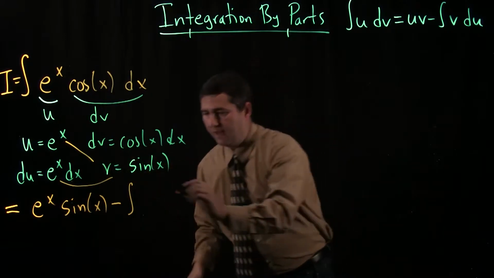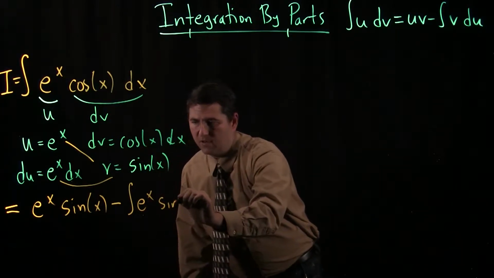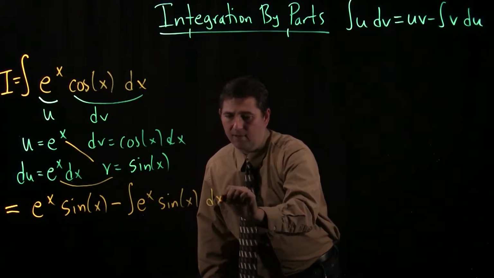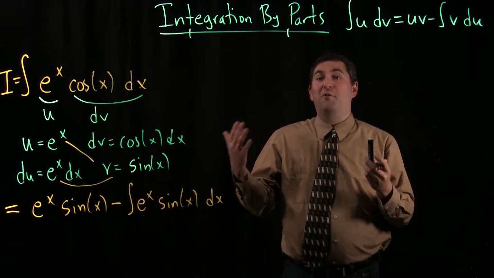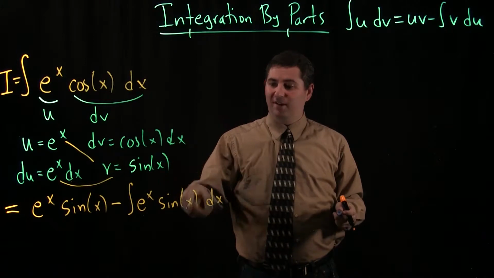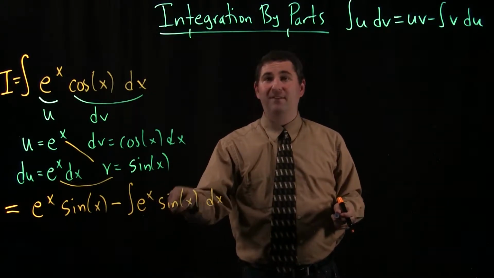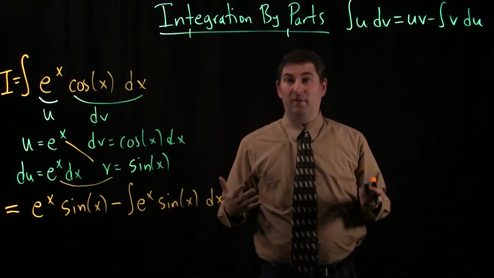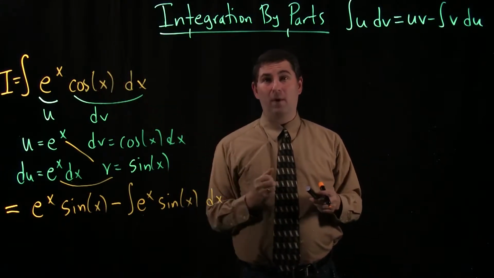That'll be e to the x times sine of x dx. So the good news is I got rid of my e to the x cosine of x. The bad news is I have an antiderivative now of e to the x times sine of x. I don't know how to solve that one any more than I did the original one.